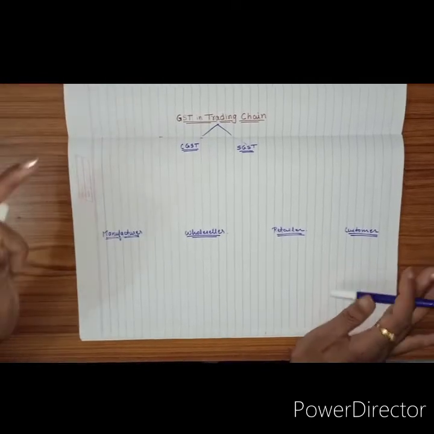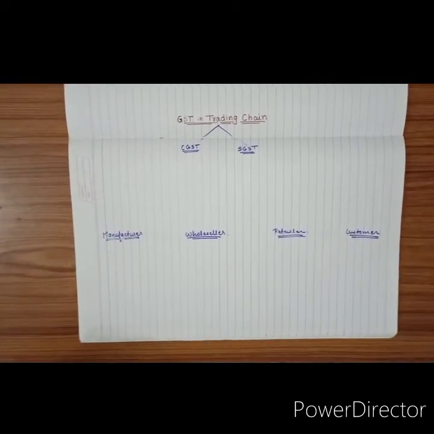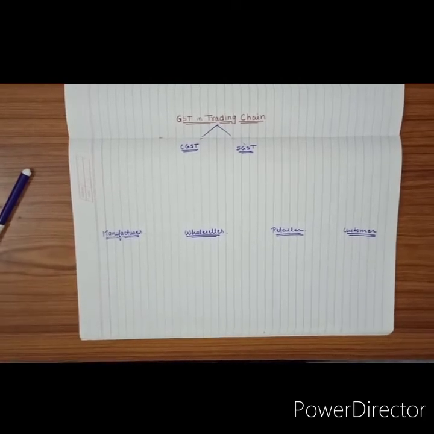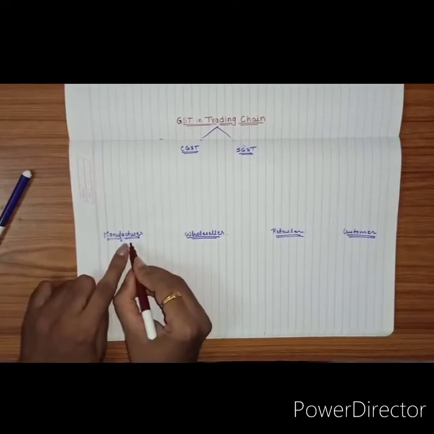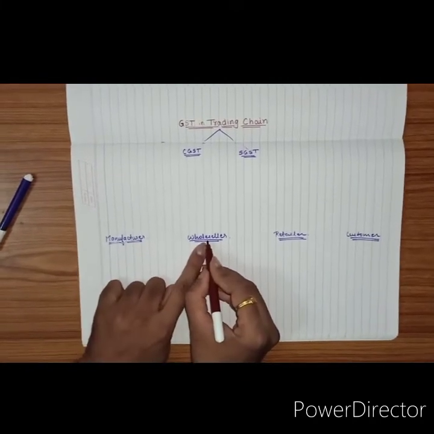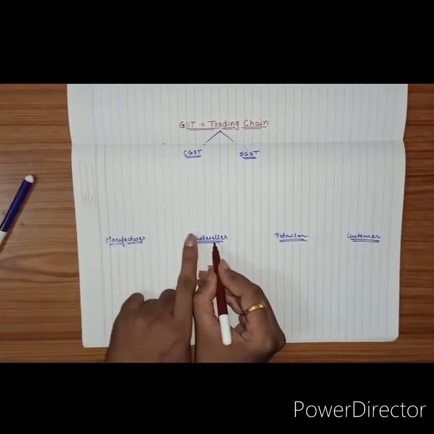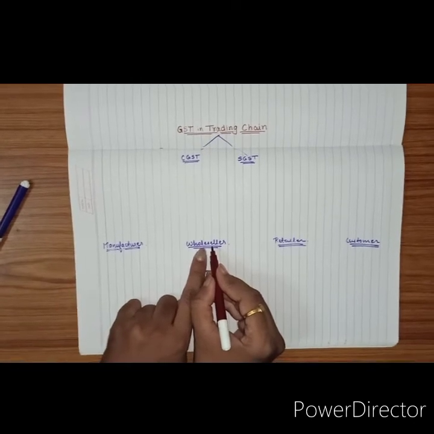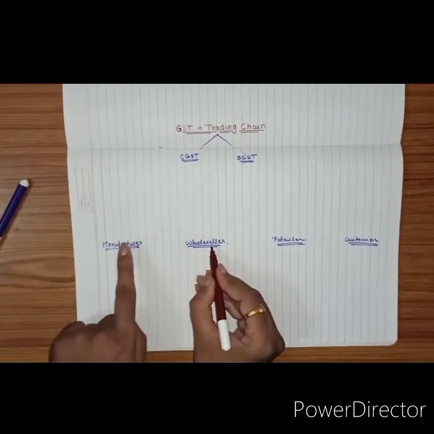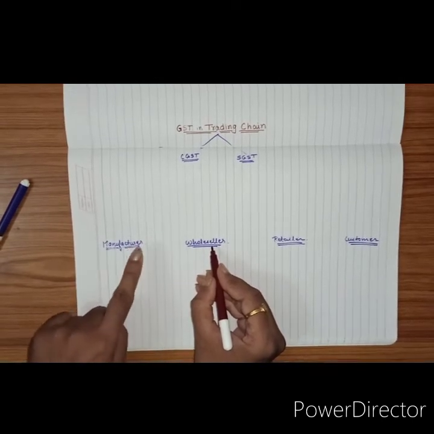Okay. Now I'll explain the GST. Here you manufacture, you sell it to wholesaler, you charge GST on wholesaler. Means wholesaler will pay GST to the manufacturer.